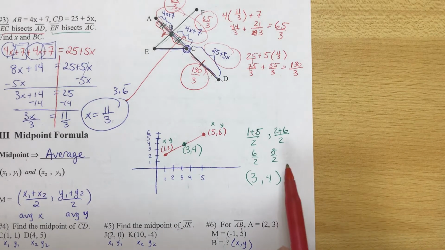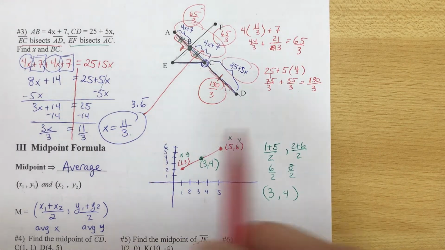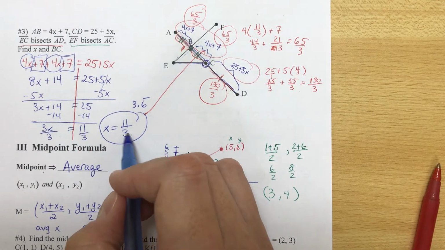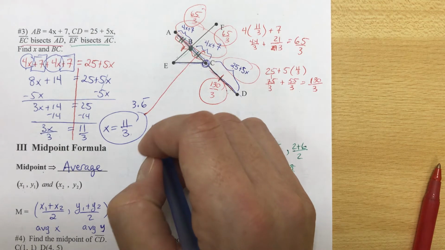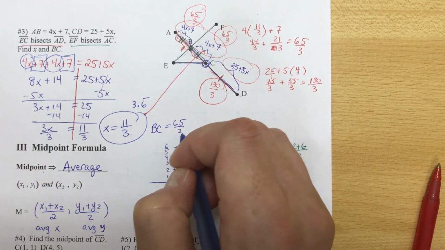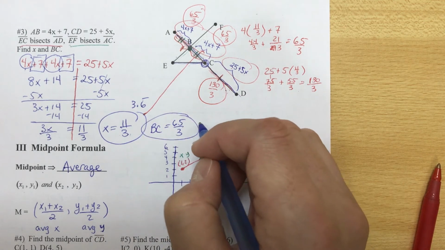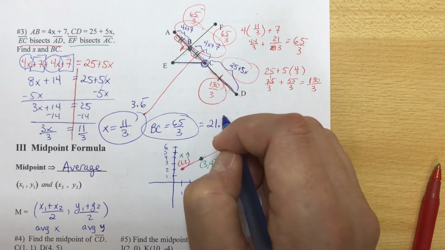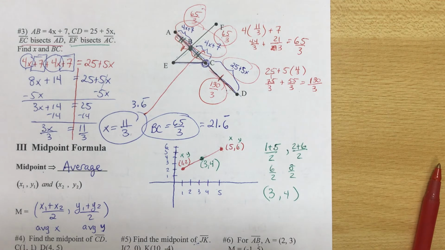So the answer: we've got x equals 11 thirds, and we've got BC equals 65 over 3. As a decimal, that would be 21.6 repeating. And that is the end of the notes.